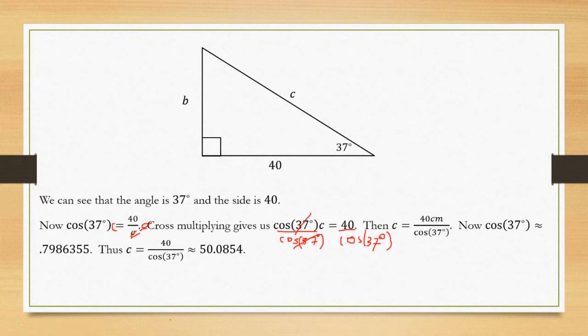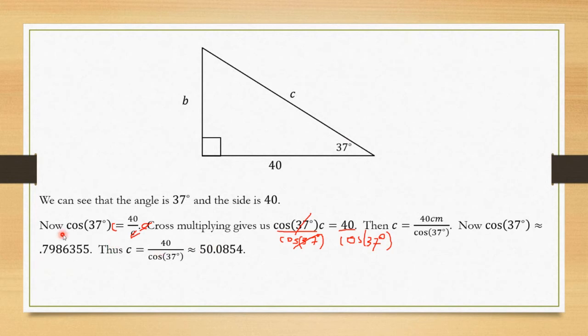Now, as before, we have to figure out what cosine of 37 degrees is. By the calculator, we get this. If you ever have trouble getting a trig function value from a calculator, don't be afraid to contact me. I can always share a screen with you and work with you. I'm more than happy to help. But here we get cosine of 37 degrees is this.